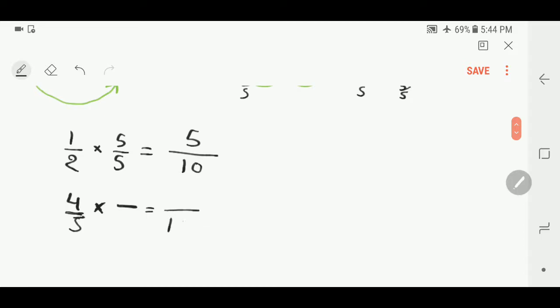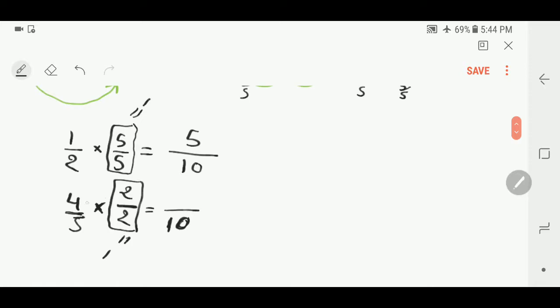So what are we gonna do? 2 over 2. So technically we're not doing anything. 2 over 2 is 1, right? 5 over 5 is equal to 1 too. Same thing. But what's helping us is coming up with the same denominator.